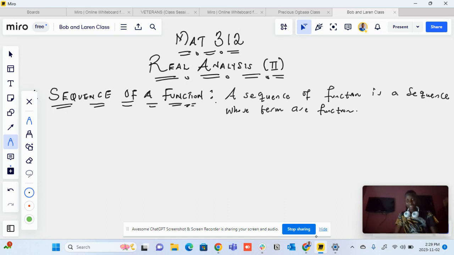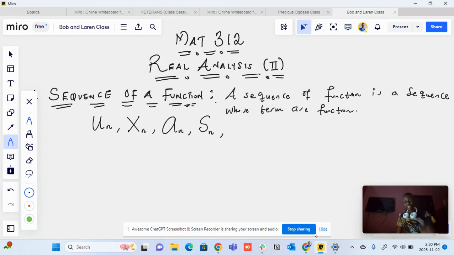This sequence of a function can actually be denoted in different forms. We use un to denote sequence of a function, or sometimes we can make use of xn, or an. We can also use Sn to denote this.